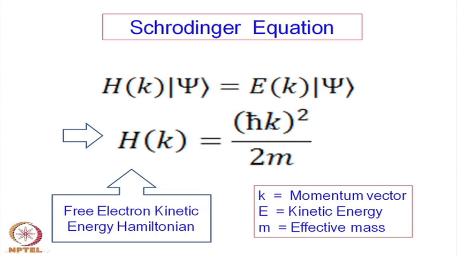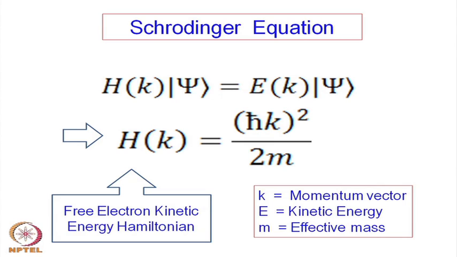Once again we are coming back to the similar term, the k term, the wave vector term, as well as the Planck's constant, and 2m, where m is the mass, or rather the effective mass. So, the E again is the kinetic energy, which we have discussed earlier in terms of the free electron theory.